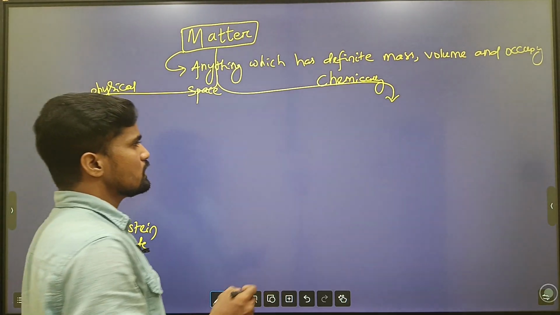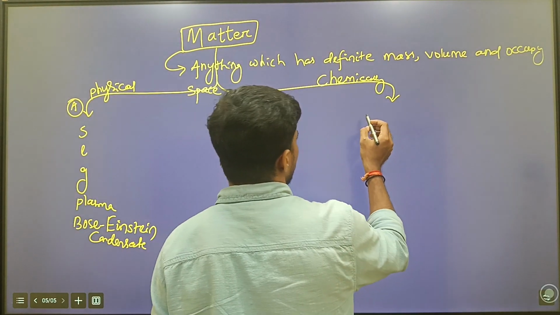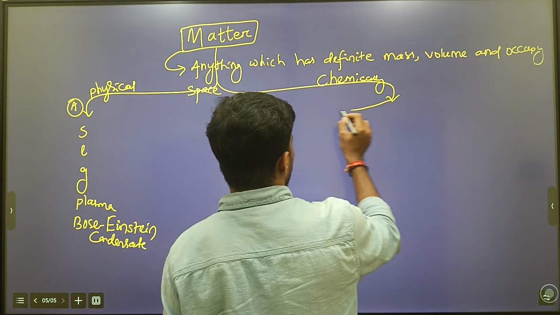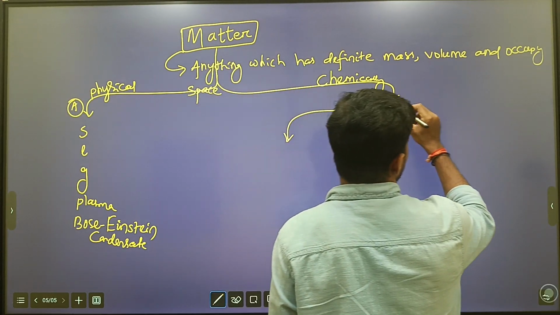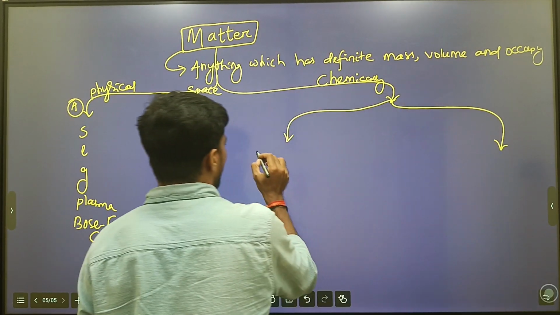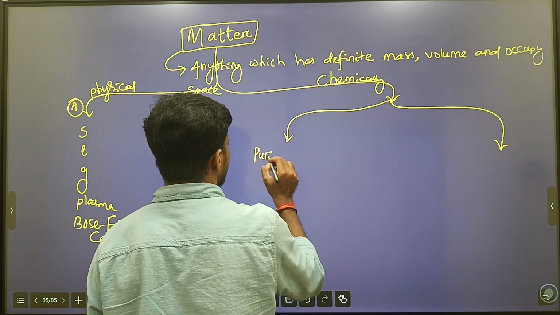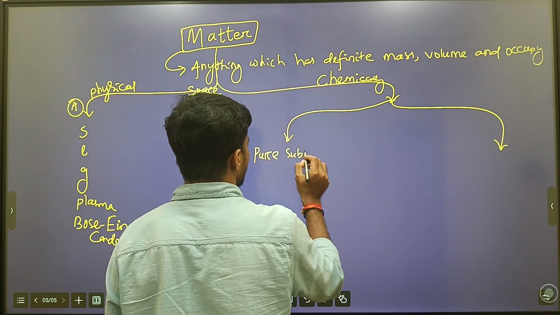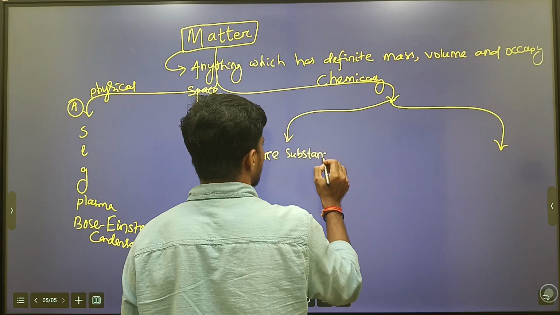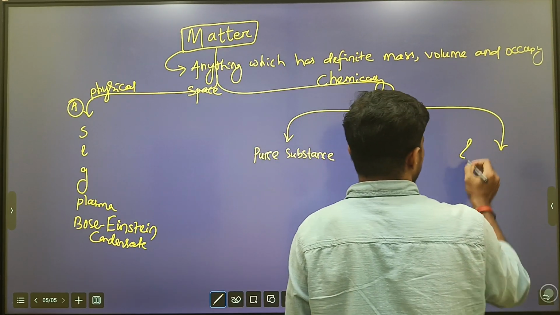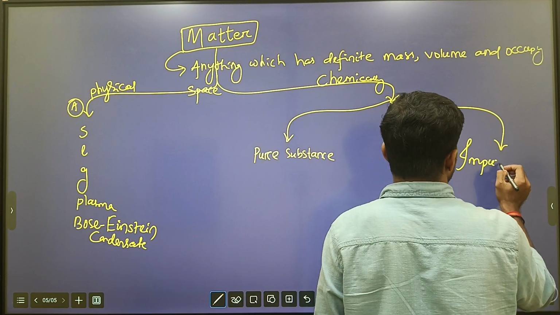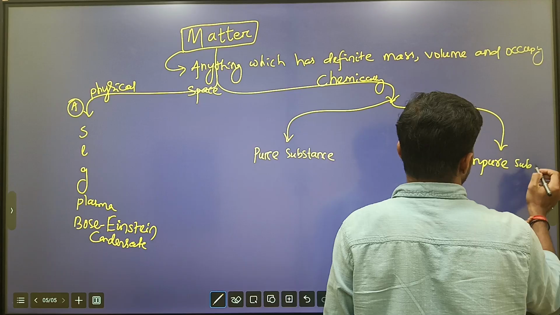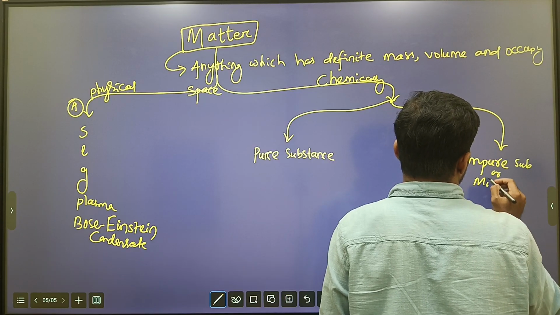And what are the chemical classifications? These are also two main parts: one is pure substance, another is impure substance, or we can say mixture.